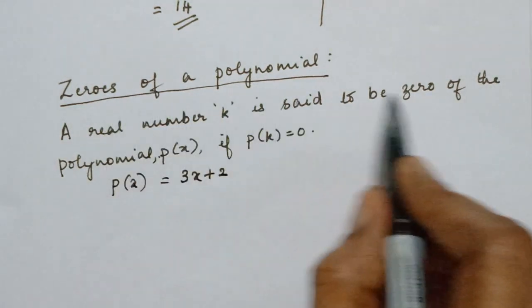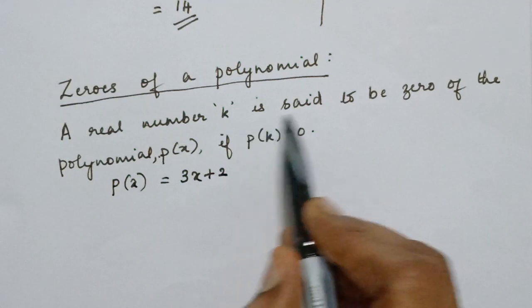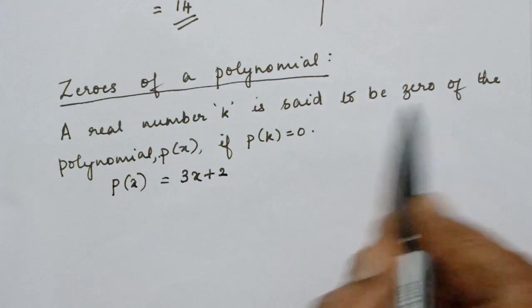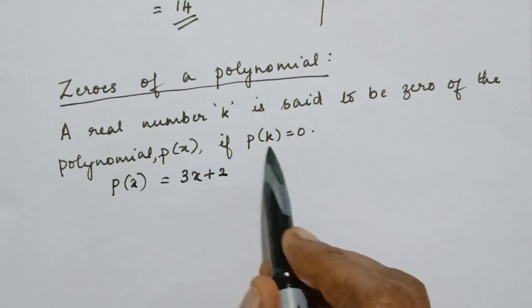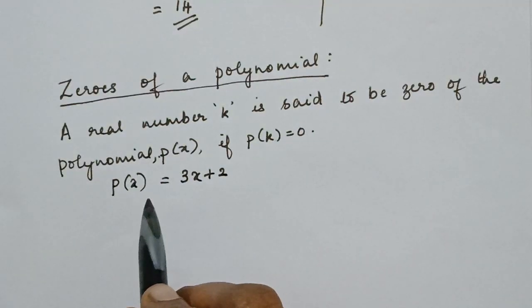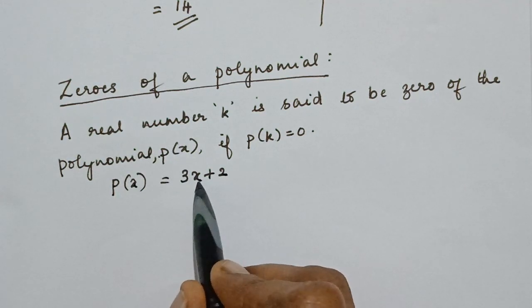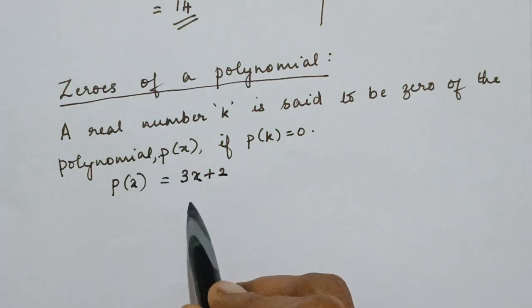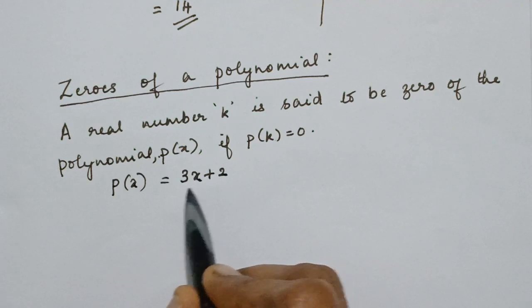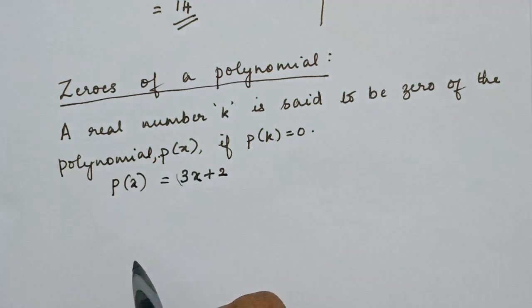Now, a zero of a polynomial means what? A real number k is said to be a zero of the polynomial p of x if p of k equal to 0. So here we have to check for what number, or if we replace x by what number, this expression becomes 0.